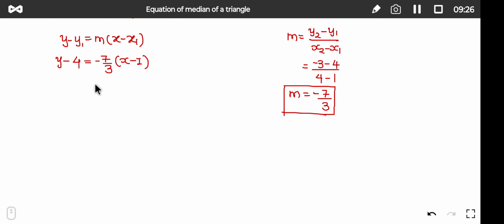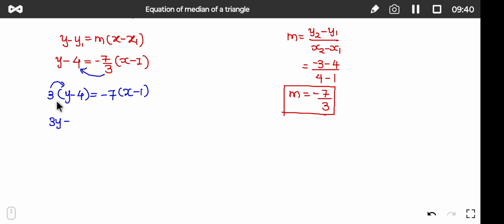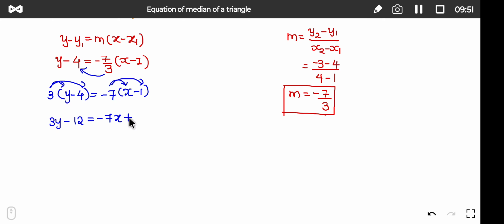So if we take this 3 in cross multiplication, we will get 3 inside the bracket y minus 4 is equal to minus 7 inside the bracket x minus 1. So if we multiply 3 inside, we will get 3y minus 3 into 4, which is 12, is equal to minus 7 into x, which is minus 7x. Then minus minus getting plus, 7 into 1, 7.